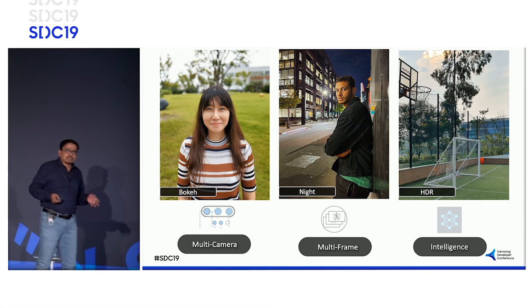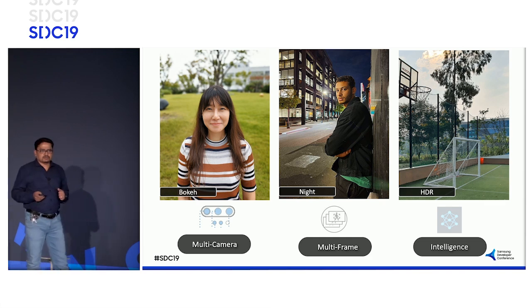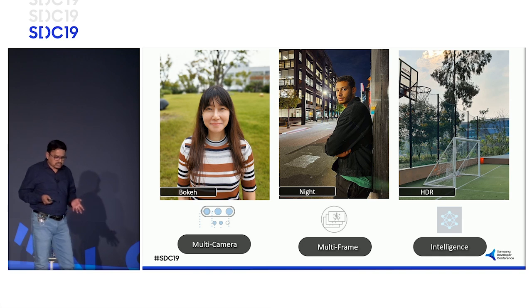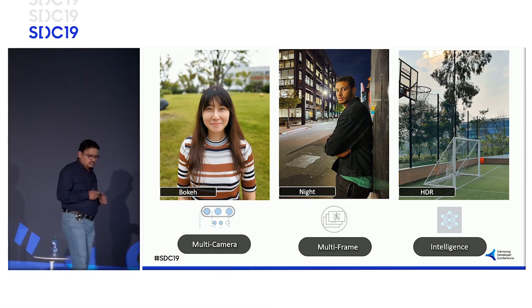So in summary, the Samsung camera system efficiently exploits the capability of camera sensors, multi-camera, multi-frame composition technology, and intelligence to provide the best and pro-grade experience on Galaxy Note 10.